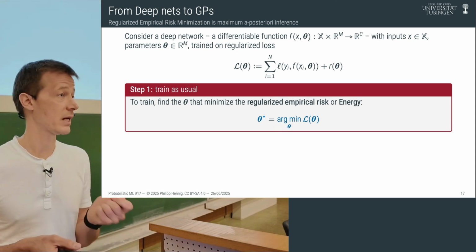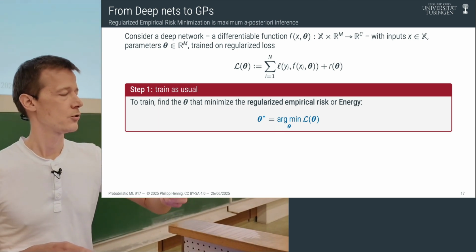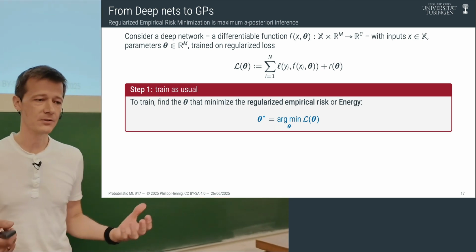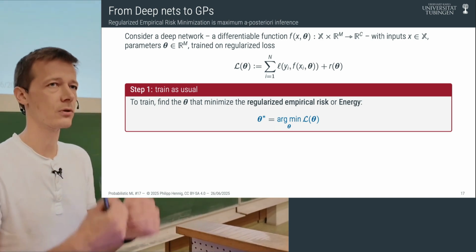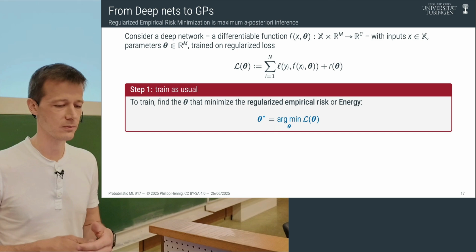For example, they inject additional noise into the gradients to asymptotically sample from some probability distribution. Or you're reparameterizing the entire training procedure to optimize a probability distribution over the parameters. We're not going to do that.